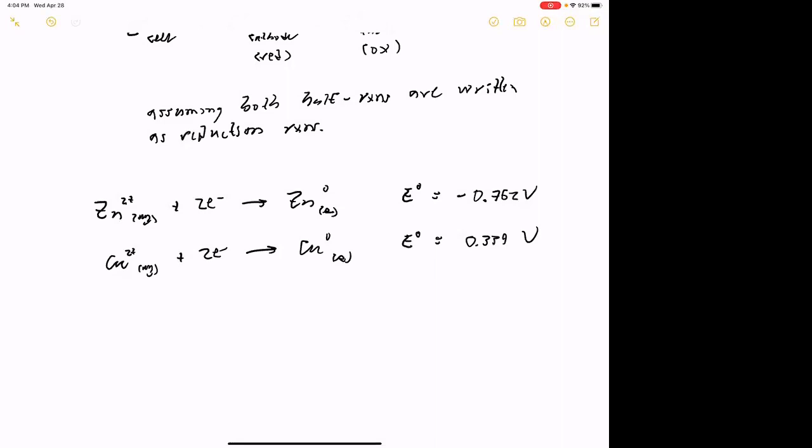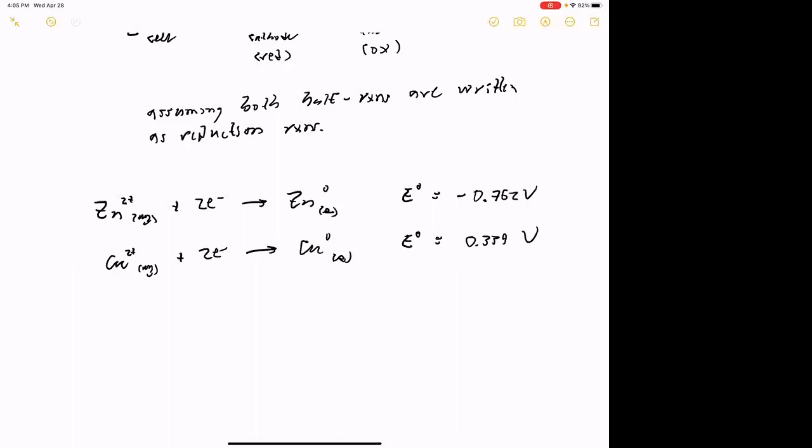All right, so now take a look at this. For this to be a spontaneous reaction, could I predict by looking at those E0 values which is going to be the reduction reaction and which is going to be the oxidation half reaction? Which of those two should be reduction for a spontaneous process? What does the rule say? The zinc one, because it's less than 0.